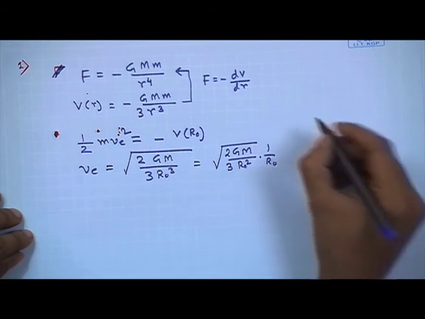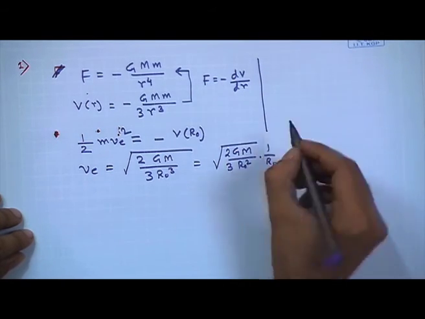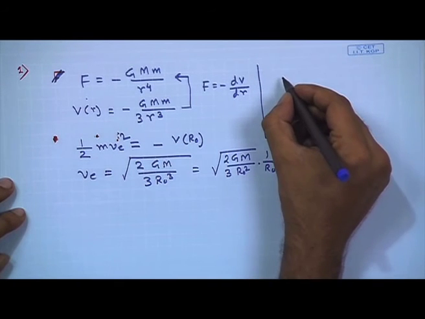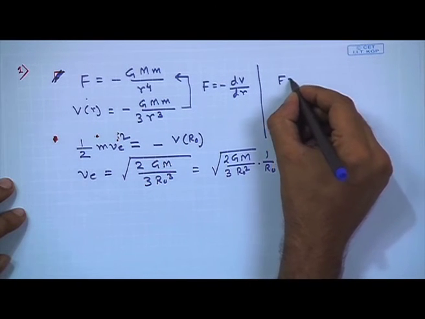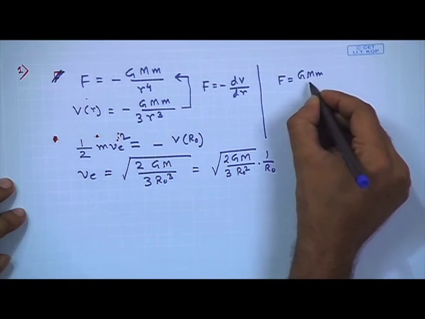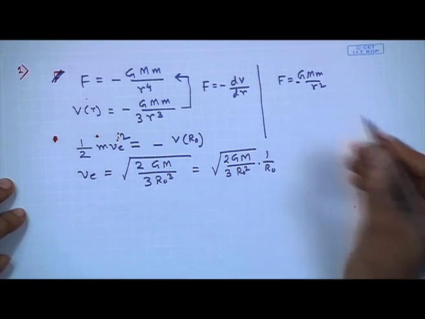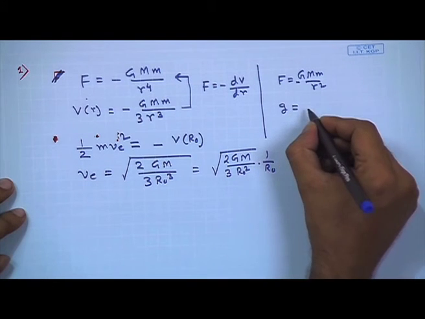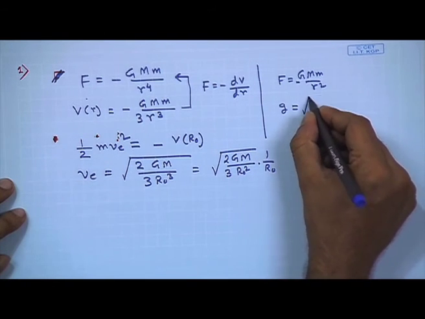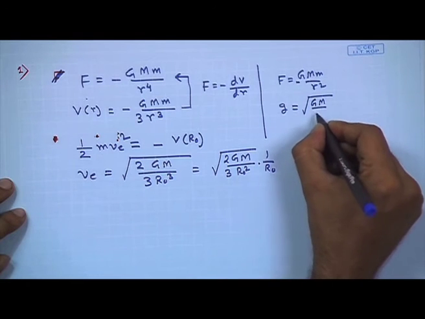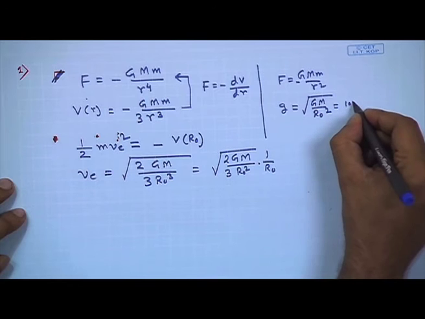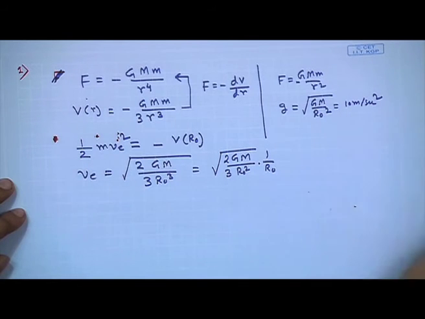Now, I am coming back to the actual scenario where F is equal to G m m by r square with a minus sign. Here the acceleration g is given by G M by r 0 square, right, and we know that the value is 10 meters per second square, right.